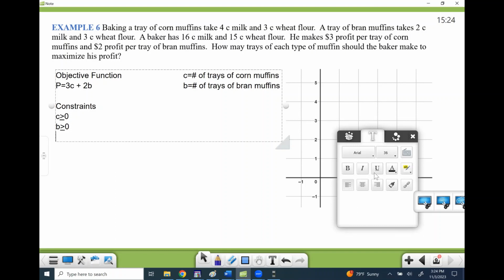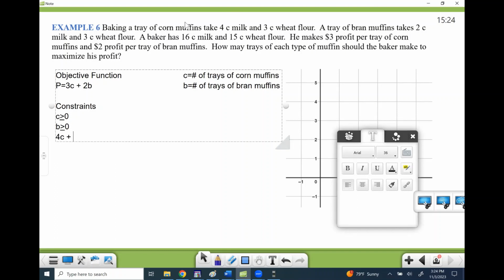Okay. You'll notice that they talked about how many cups of milk and wheat flour each one will take. It says right here that there are 4 cups of milk for the corn muffins, so I'm going to do 4.